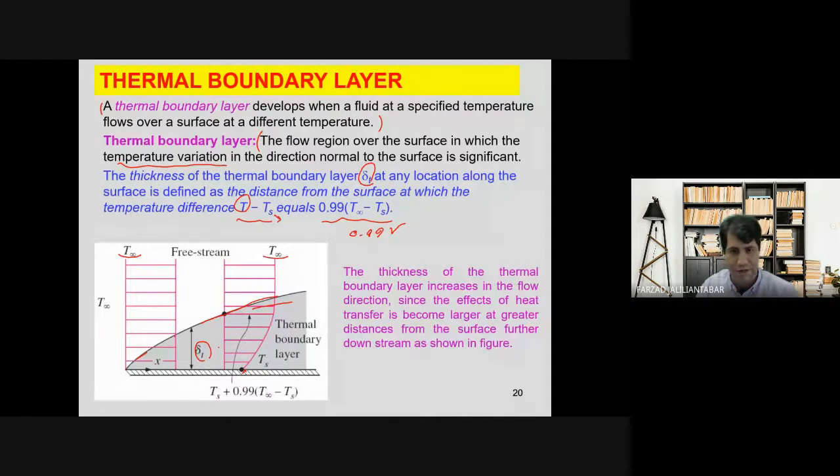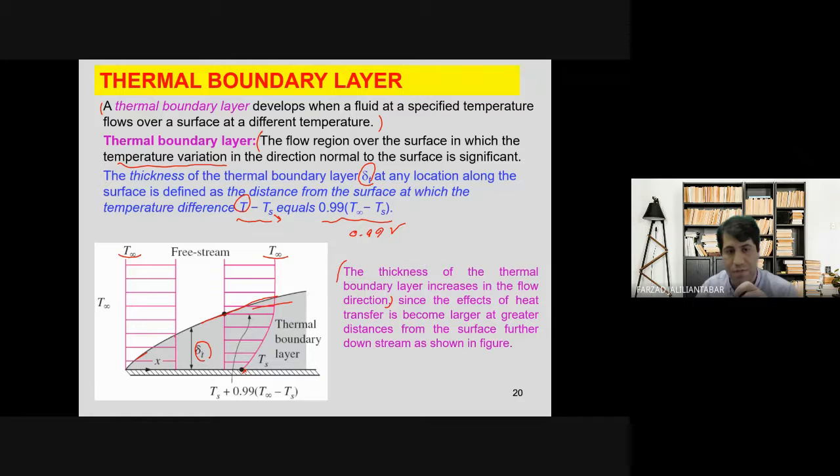the boundary. And as you can see here, the further this flow goes, the more distance from the edge, the thermal boundary layer thickness will be higher. The thermal boundary layer increases in the flow direction, like you can see here.